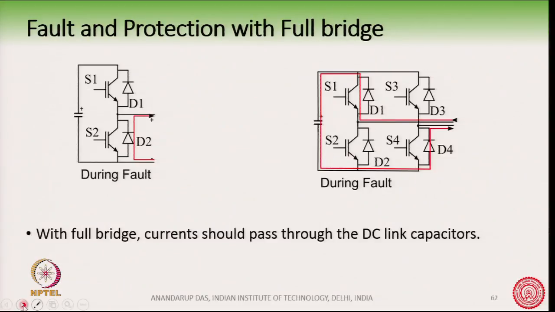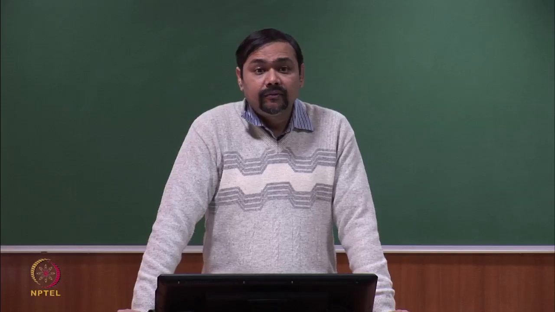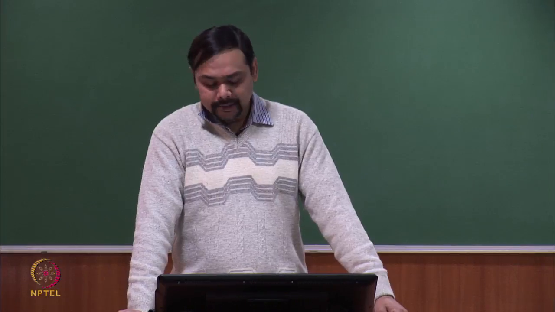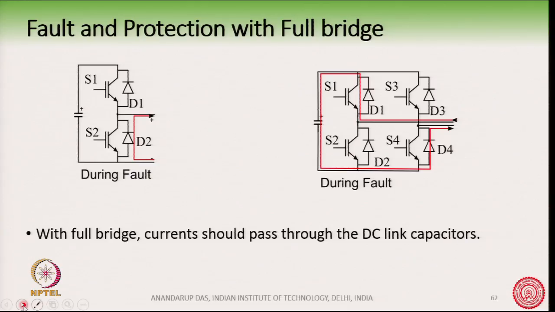Okay. Now, what happens with a full bridge circuit? This is interesting. Okay. What happens if, instead of using the half bridge, we use a full bridge? Here you can see the behavior of the half bridge during the time when the IGBTs or the transistors have been switched off.